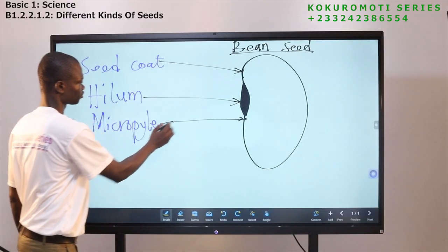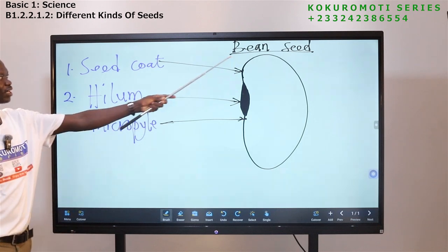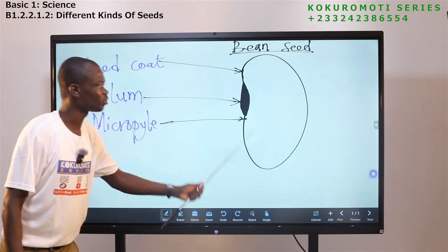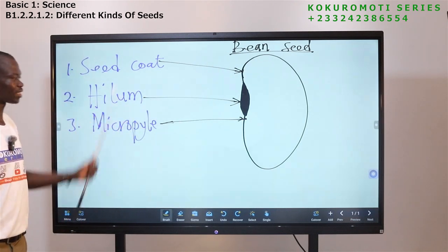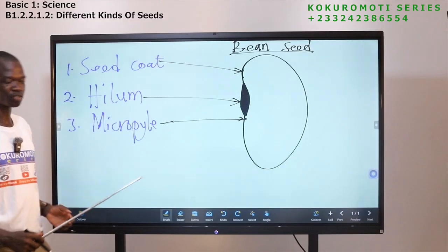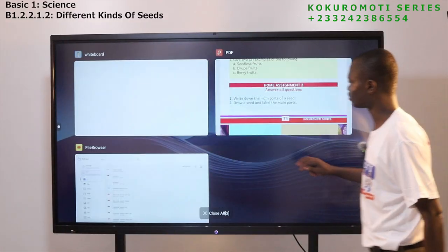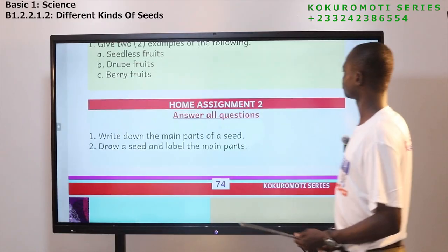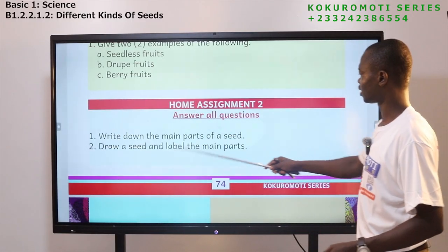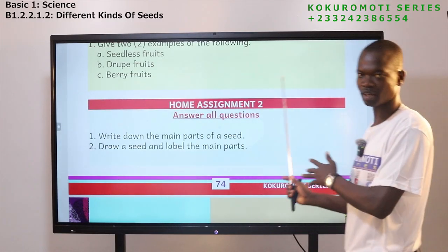This is our bean seed. This is how you draw it, and these are the parts. So that is the home assignment that was given: draw a seed and label the main parts. That is what we have done.